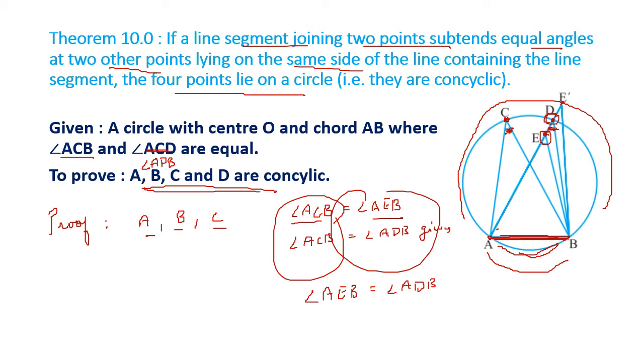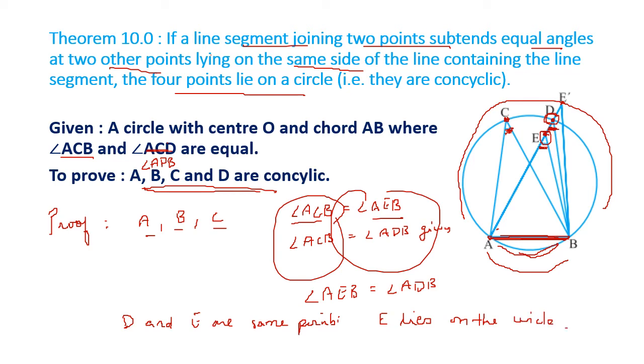Now when can angle AEB equal to angle ADB? It is only possible when the point E and the point D are the same points. But we have E lies on the circle. So if E lies on the circle, then D should also lie on the circle.